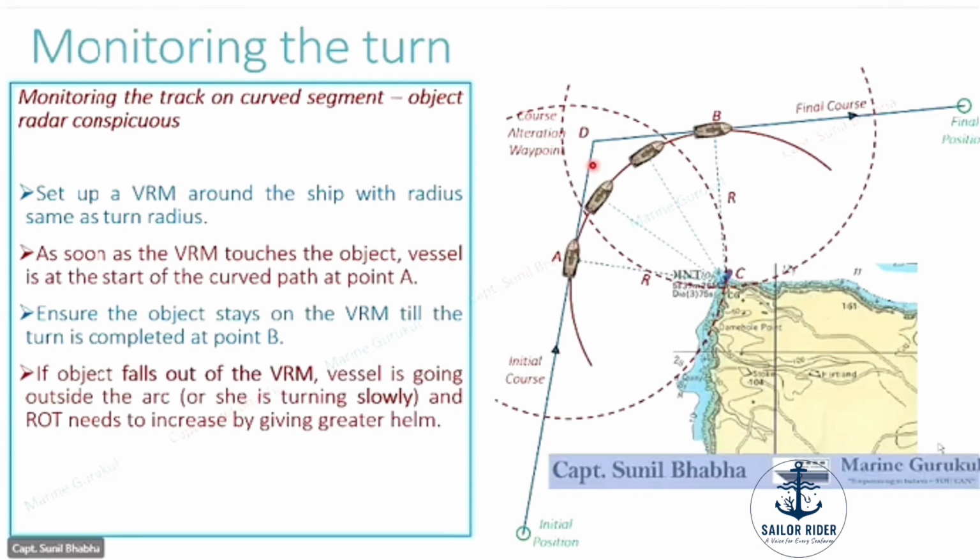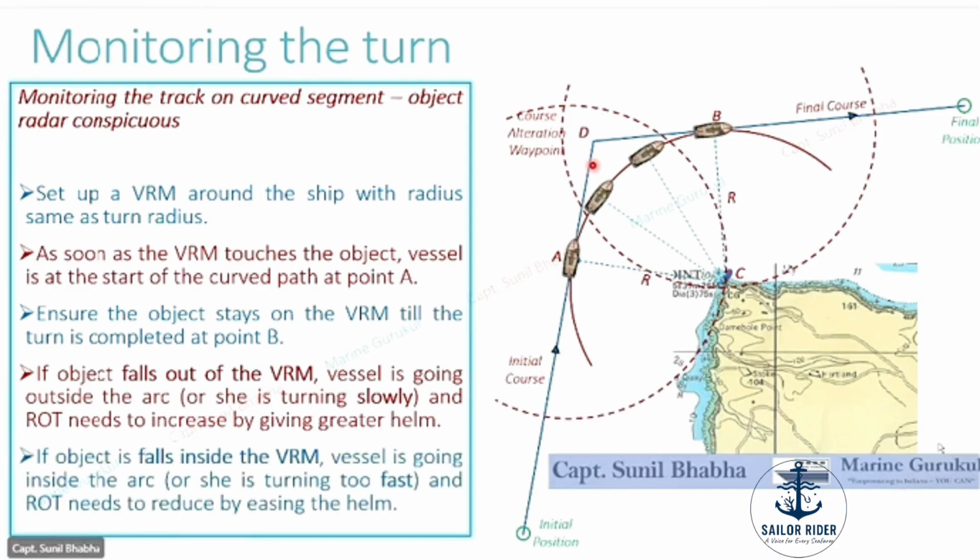This indicates that the rate of turn needs to be increased by giving a greater helm. And if at any point of time you observe that the object is falling inside the VRM, the lighthouse has fallen inside the VRM, it indicates that the vessel is going inside the planned arc or she is turning too fast, and the rate of turn needs to be reduced by easing the helm.